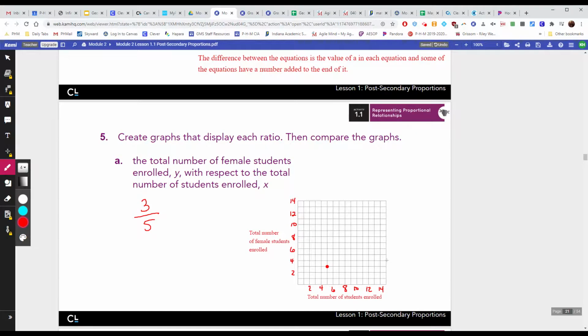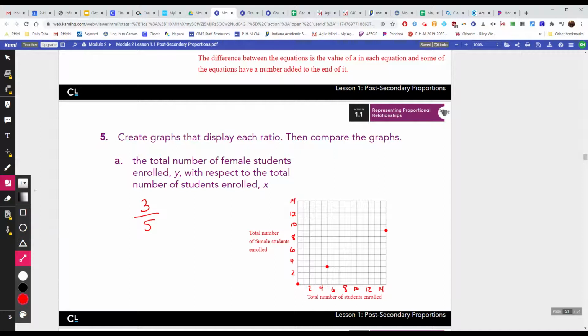So 2, 3, 4, 5, 6, 7, 8, 9 of them would be female. So there's 2 points that give us an idea of what's going on. We could probably throw another one in there. If there are 0 students, obviously 0 are female, right?